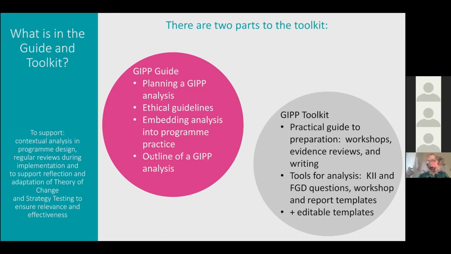It's really been quite a collaborative process, and just to say what's in it then, the guide really has I guess the basic process through, but also introduces you to the GIPP approach. So the introduction talks about how to decide on the questions to ask, how to analyze the findings and using the findings to develop program options, and then learning and reflecting in regular reviews.